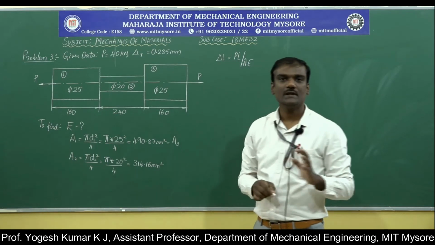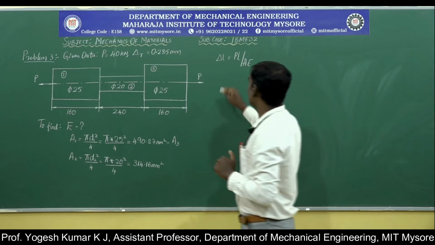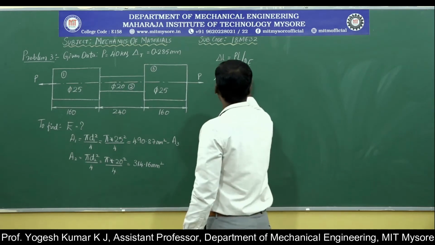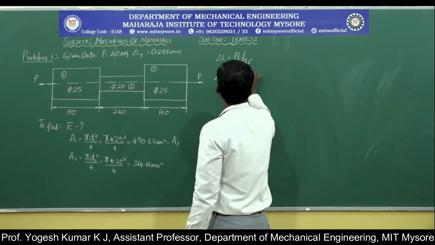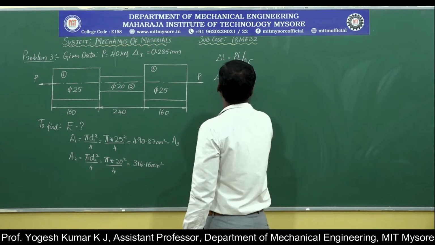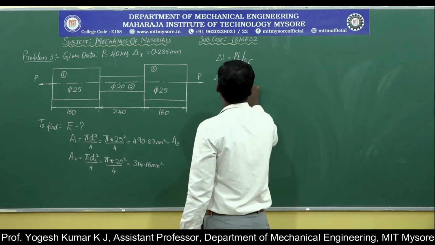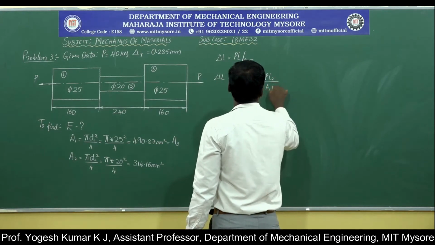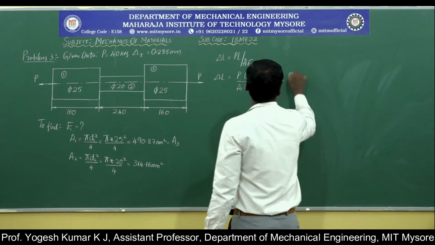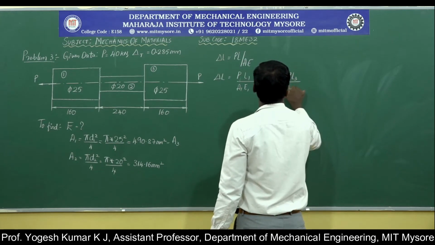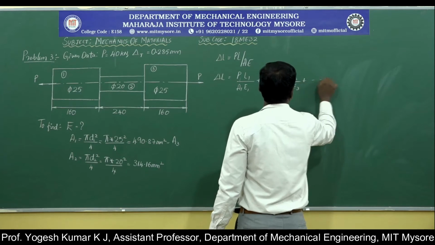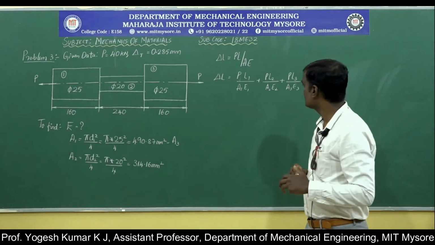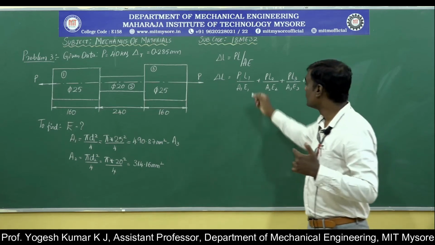If it is a stepped section, we have seen an expression delta L equals P L1 divided by A1 E1 plus P L2 divided by A2 E2 plus P L3 divided by A3 E3 and continues, when we have different cross-sectional areas, different lengths and even different materials.